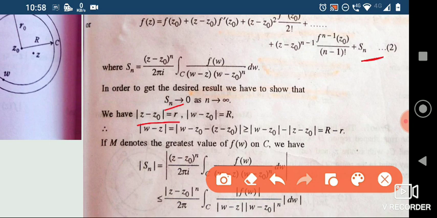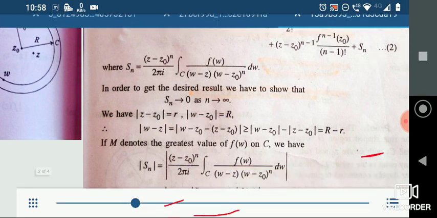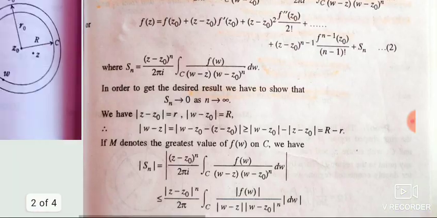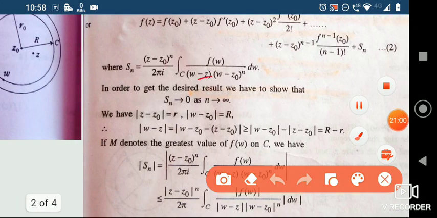Then the inside circle which we did, that is modulus of w minus z naught is equal to capital R. By using these two, we can find what is w minus z. Why do we need to find w minus z? Because that's what is troubling us. So we need modulus of w minus z.